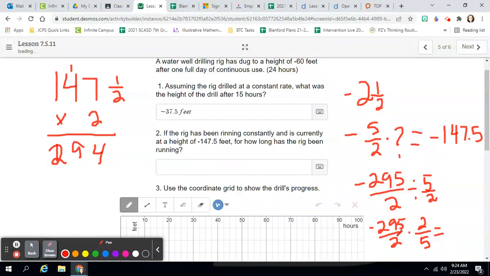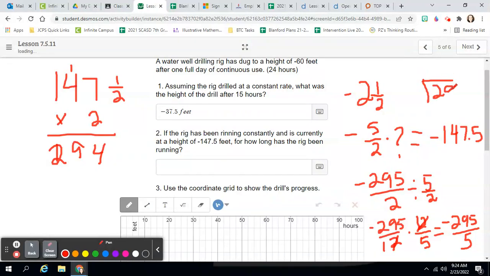I'm personally going to cross cancel these; these are going to be ones. And so now I'm left with negative 295 fifths, which is a basic division problem.